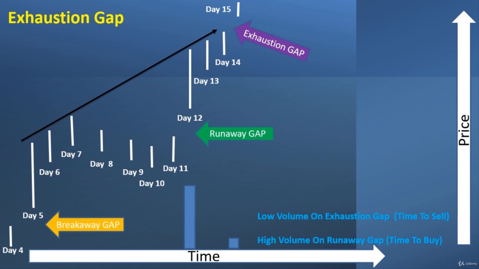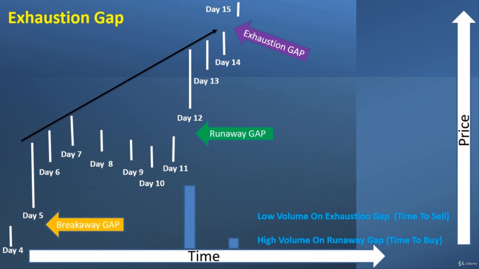We have that last buyer or buyers jumping up, creating a new gap, saying, this is so exciting, the trend's great, let's drive these prices even higher. And you see where they start to run out of steam there, and you start having what would become an exhaustion gap, where you have that gap, and then around day 16 we're going to start having overlap and seeing it come back down.